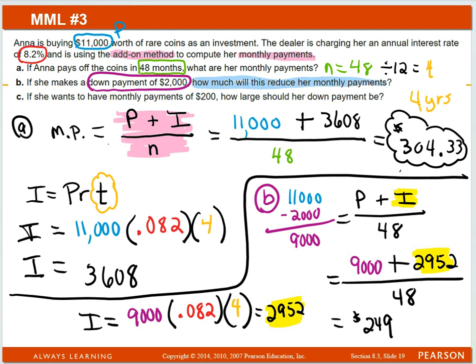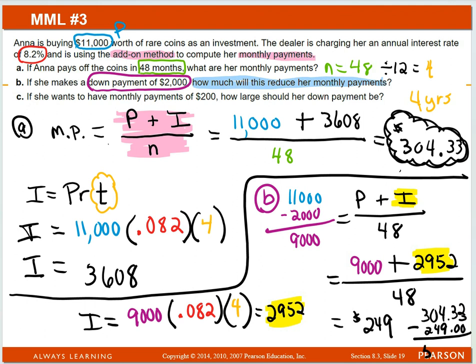You have to take the previous answer you got in part A, because this 304.33 was her original payment. And now she's going to make a payment of $249.00. When you subtract those two, that will be the difference.